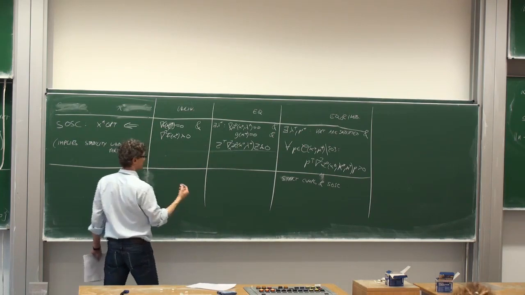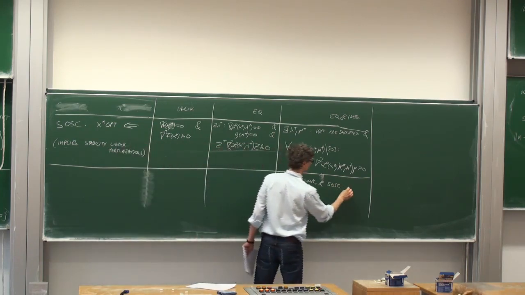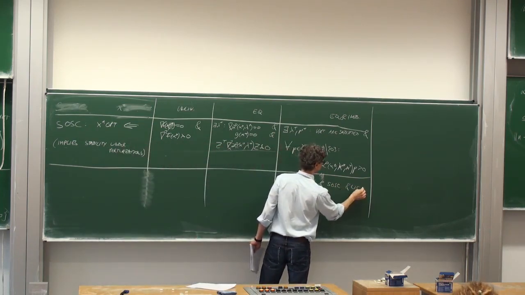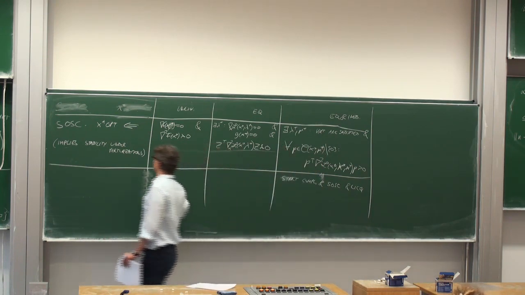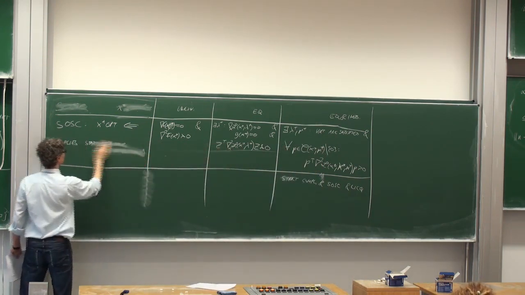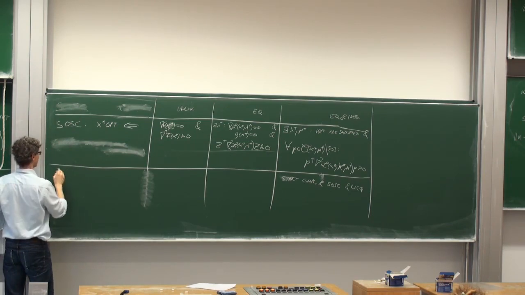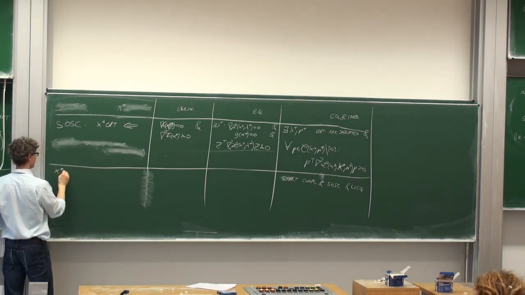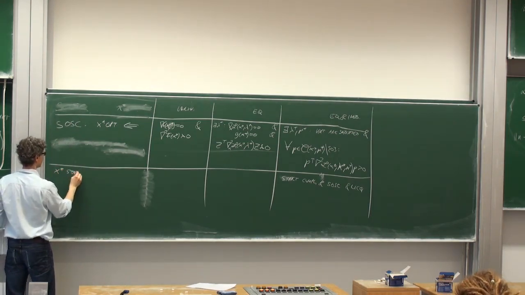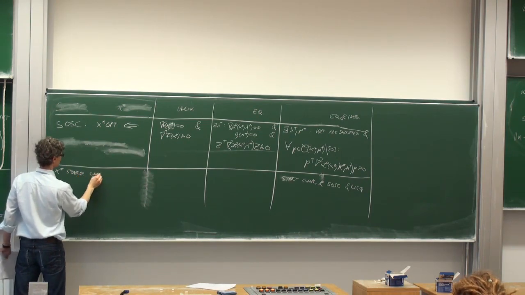Here there is no problem, actually, and LICQ should of course also hold. Maybe I do it differently. I think I have a nice way to present it. We just say X star stable under perturbations.